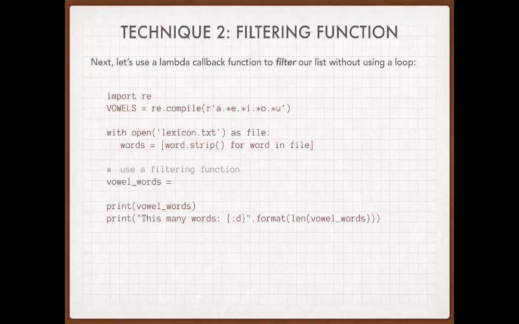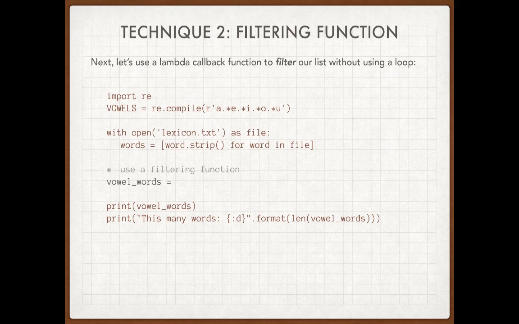All right, let's think our way through a second technique. We used a loop the first time through, but if you've been paying attention to the videos, we've also used the filter function as a way to move through a list and to extract things that match a callback function. So let's do that with a little tiny callback function.